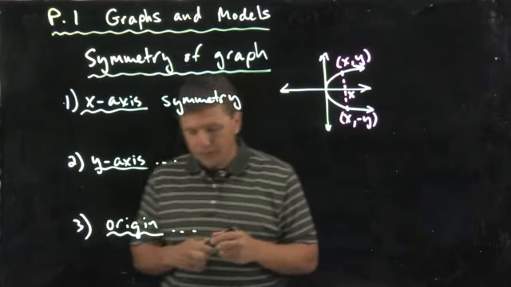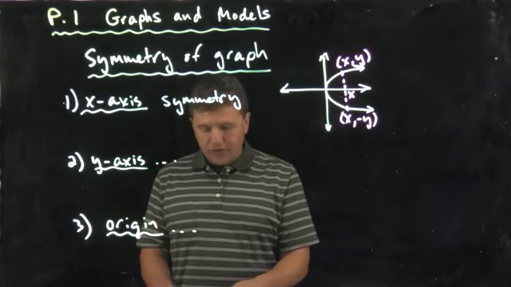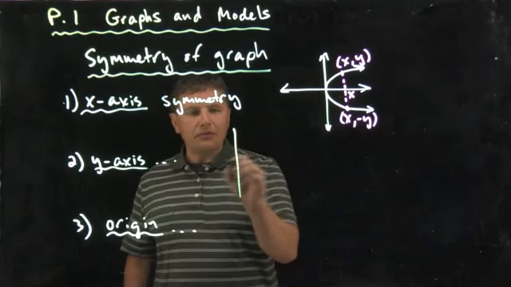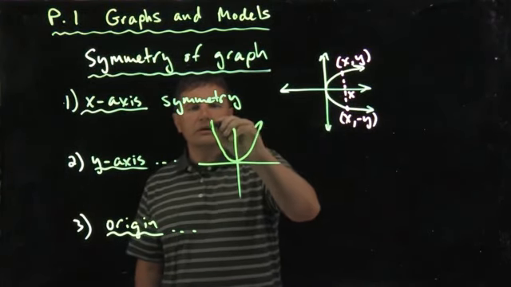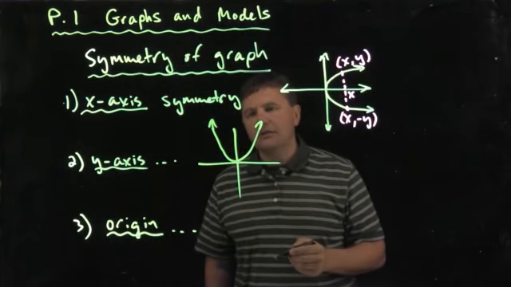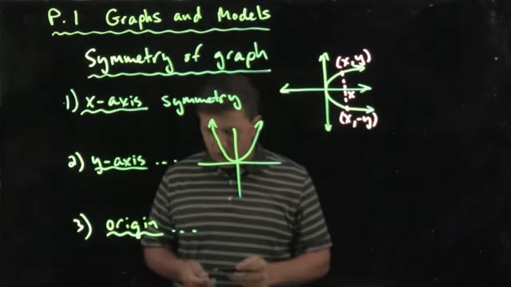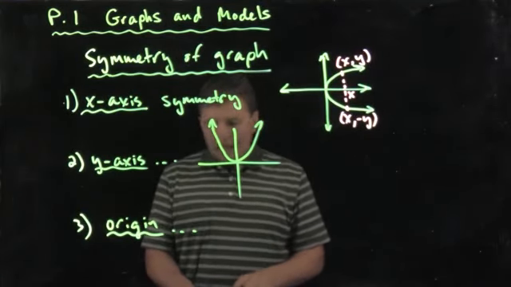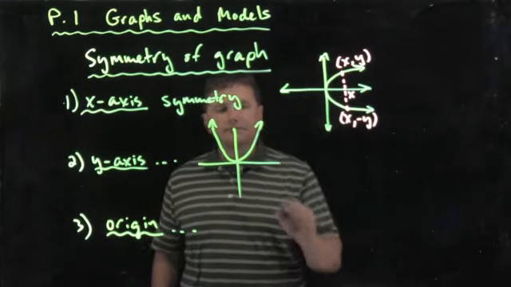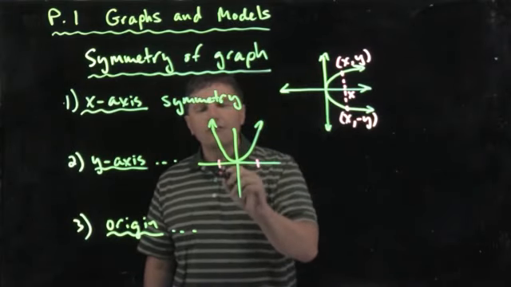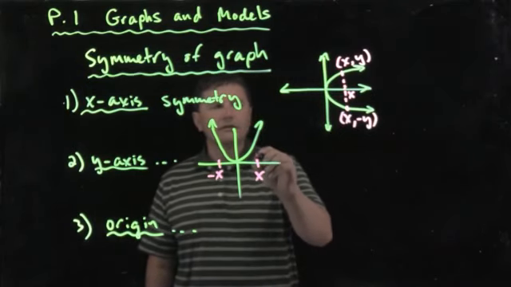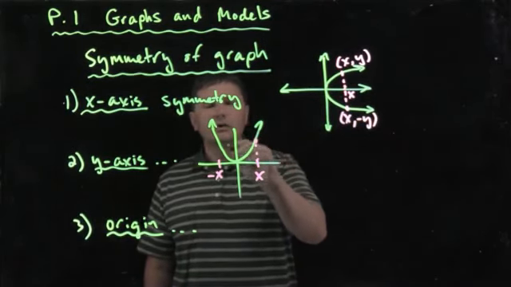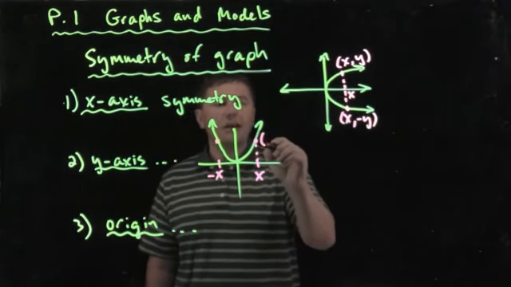Y-axis symmetry. Okay. So y-axis symmetry, sticking with parabolas a lot today, would be something like that. So it's reflecting over the y-axis. Now with y-axis symmetry, for opposite x values, so call that negative x, call that x, we're getting the same output, the same y.